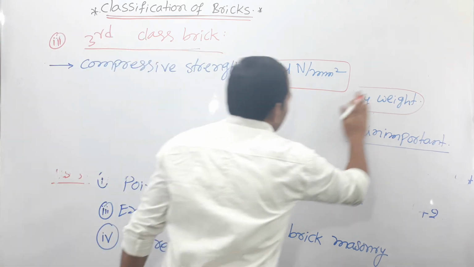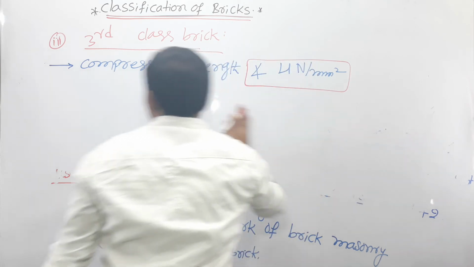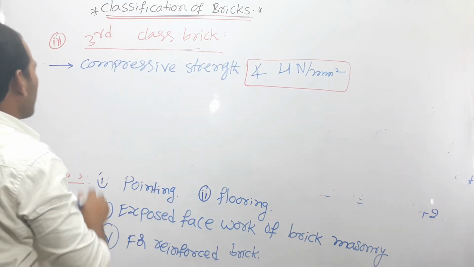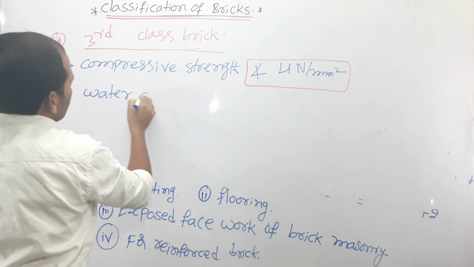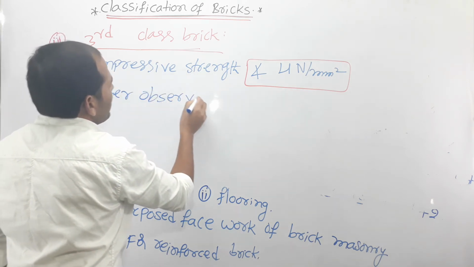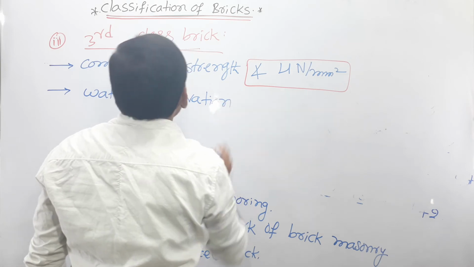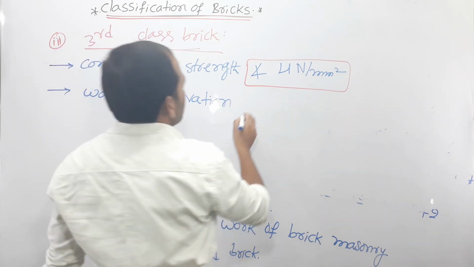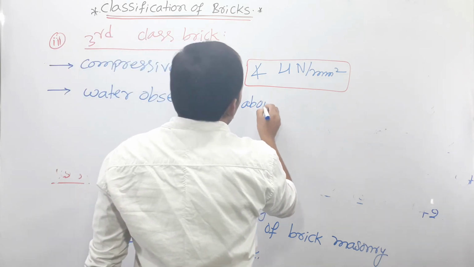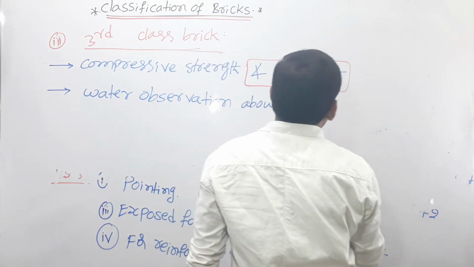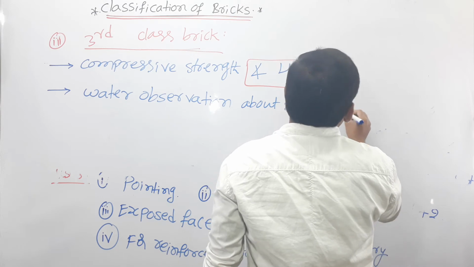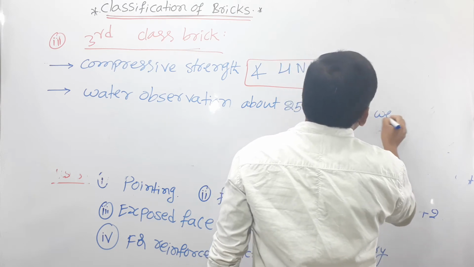So it should not be less than 4 Newton per mm square. If you see the water absorption of this third class brick, it is about 25% of its dry weight.